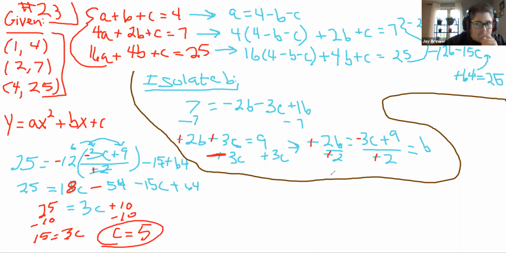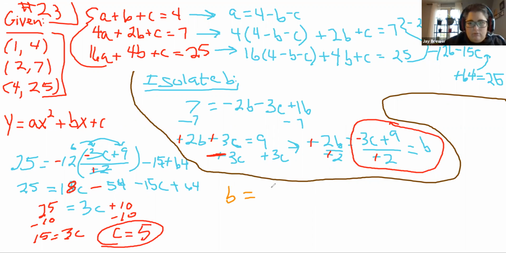So now that we have C, what can we then get? What was written in terms of just C and B? We can get this part, right? Okay, so we're going to plug in for B. So B equals negative 3 times 5 plus 9 divided by 2.